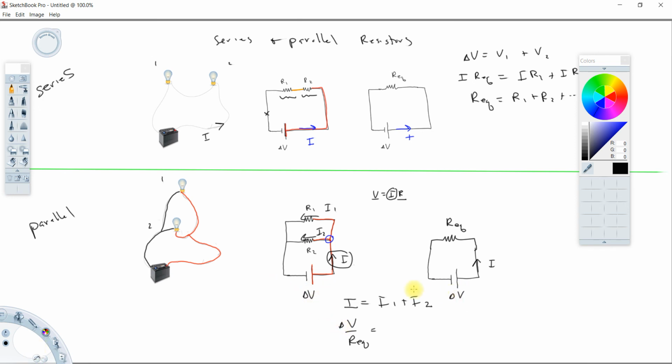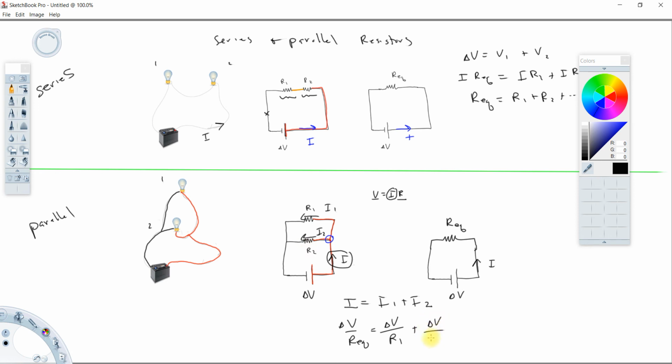Delta V equals I1, again, we can write as the voltage across this divided by R1. And I2 can be expressed as the voltage across here divided by R2.